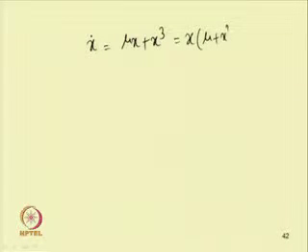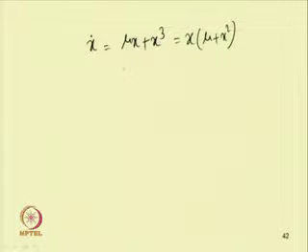For example, if we take x dot equal to mu x plus x cube. Let us take this example, mu x plus x cube. Taking x common, this is mu plus x square.